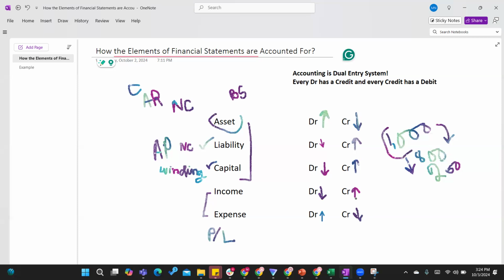So just create a schedule for yourself like this, and whenever you solve a question, you look at it until you actually remember it. You see a transaction, and then go here. Okay, asset is increasing, so what should I do? Okay, debit it. And it's decreasing? Okay, credit it, until you actually learn it on your fingertips, because this is the first and foremost thing before you move on to learn accounting even more.